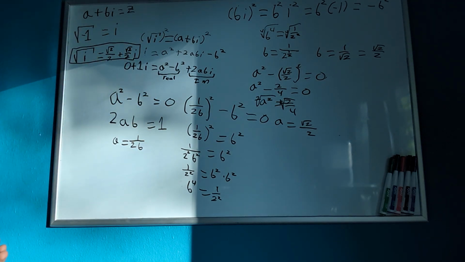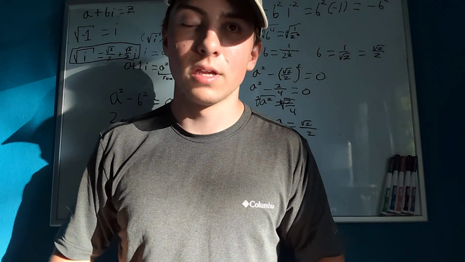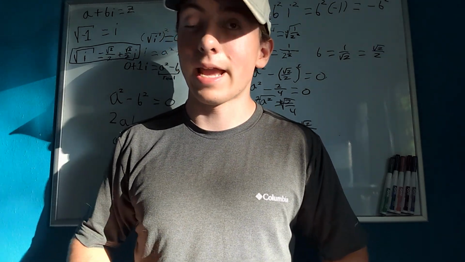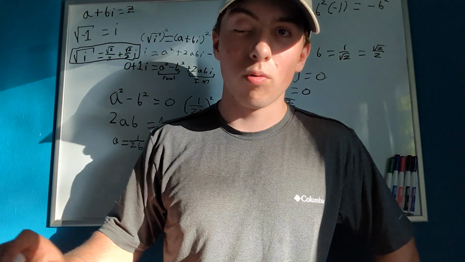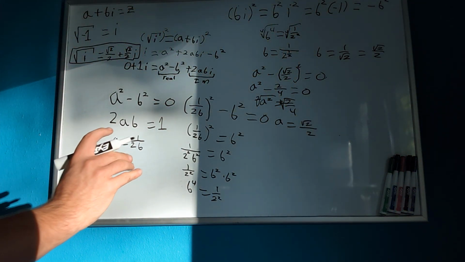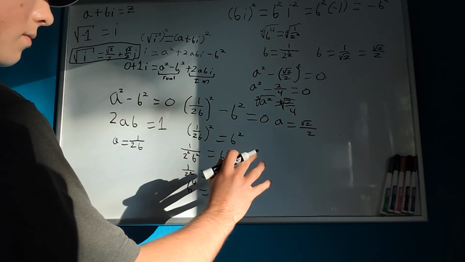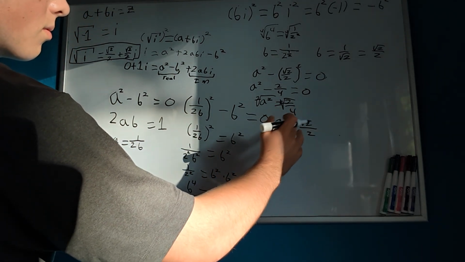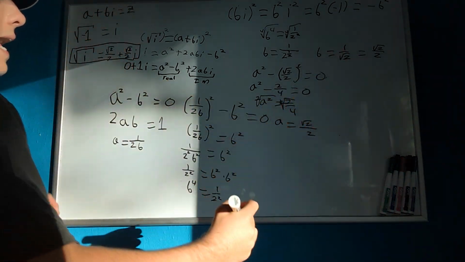Now, something I haven't mentioned yet is that when we take these square roots, they can be both negative and positive. You can take the negative square root or the positive square root of something. So a and b also have negative values.